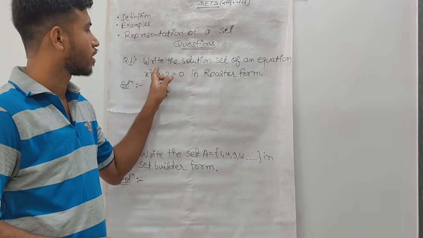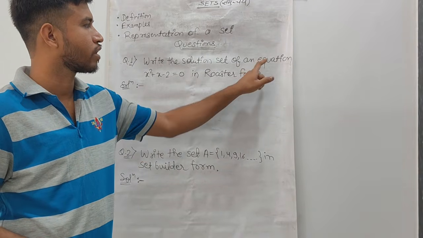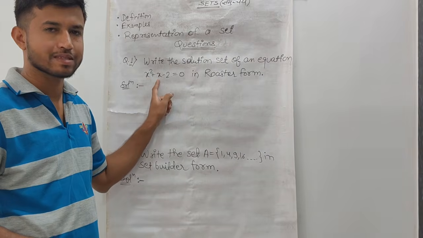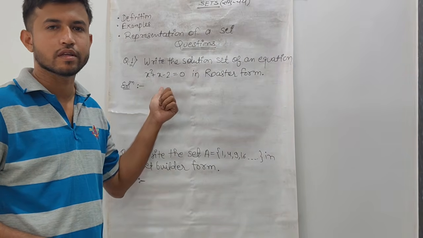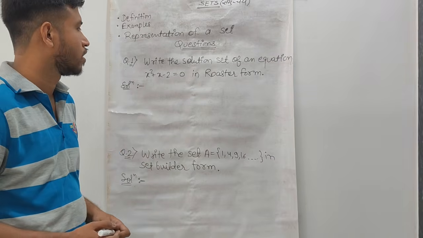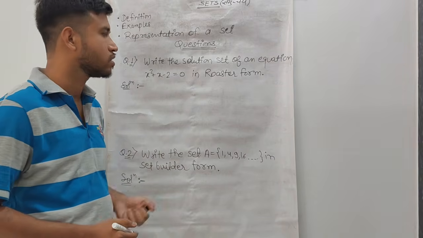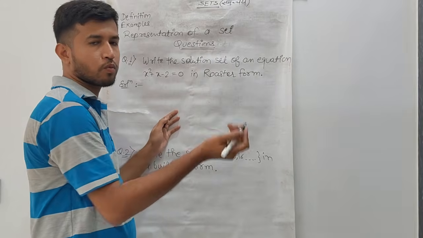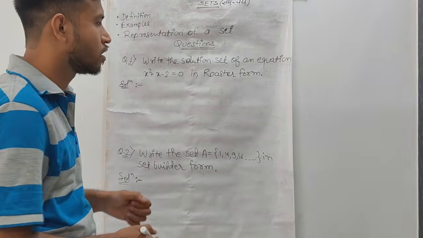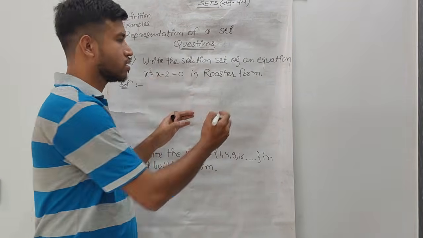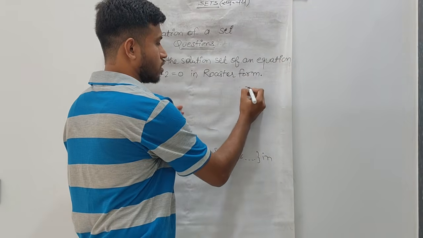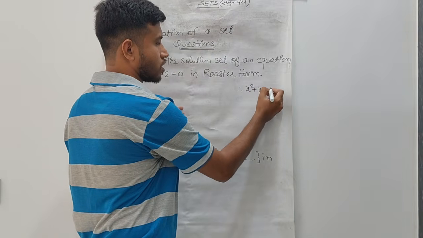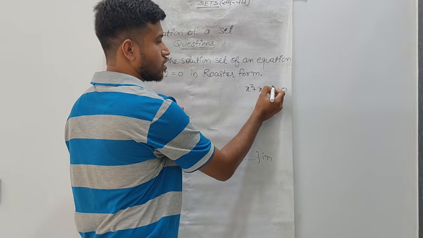First, write the solution set of the equation x square plus x minus 2 equals 0 in roster form. First, we have to solve the equation through the factorization method. Here you see it is a quadratic equation. If someone doesn't know, I will show you. x square plus x minus 2 equal to 0.